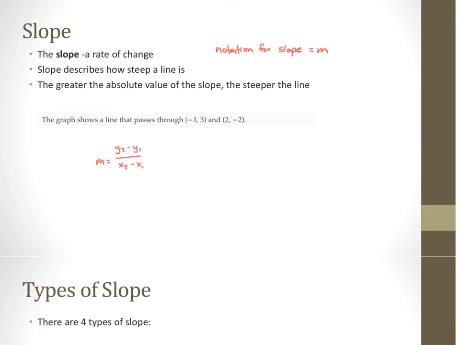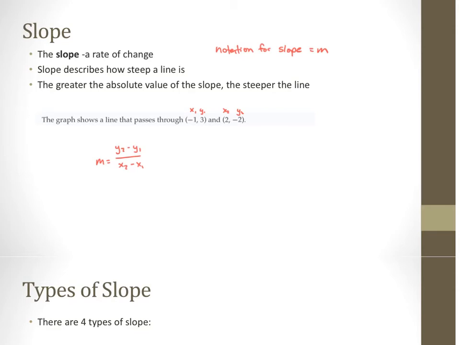You subtract 2 y's on top, subtract 2 x's on the bottom, which is exactly what we're doing here. Now, me personally, whenever I do these things, I always label my points. It just cuts the risk of confusing the points down by a lot. So I'm going to say this is x1, y1, and here we have x2, y2.